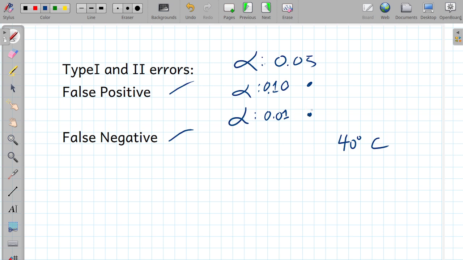If you set the level of significance at 1%, that means you have very strict criteria to get the rejection of the null hypothesis. The null hypothesis in this context is that the water temperature is at or below 40 Celsius. Well, setting the level of significance at 1% makes it really hard to get a positive result, but it makes it really easy to get a negative result.